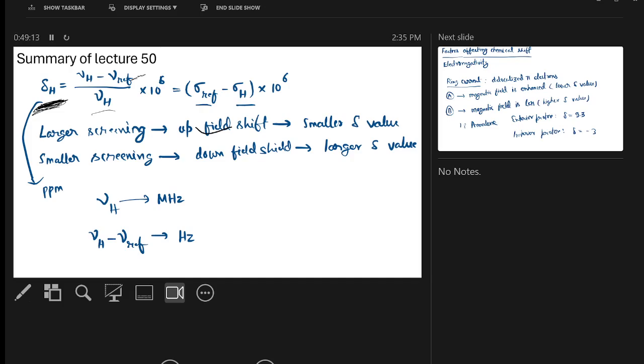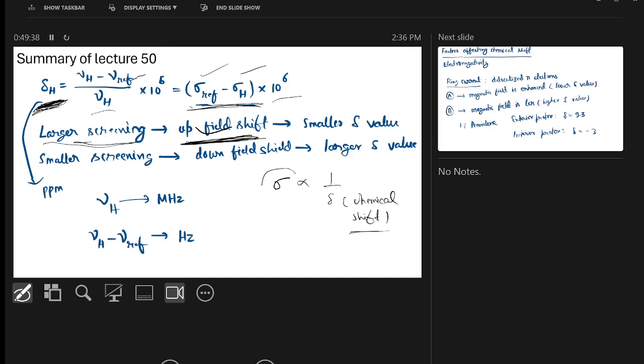So this can be defined this way: sigma reference minus sigma H. Larger shielding means a higher value of sigma, and we call this upfield shift, a smaller value of delta. Delta is called chemical shift. So the higher the shielding, the smaller the delta, inversely related.